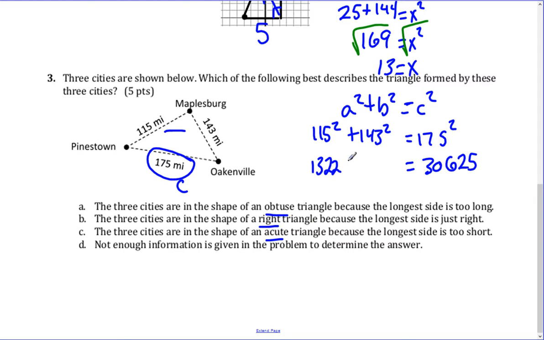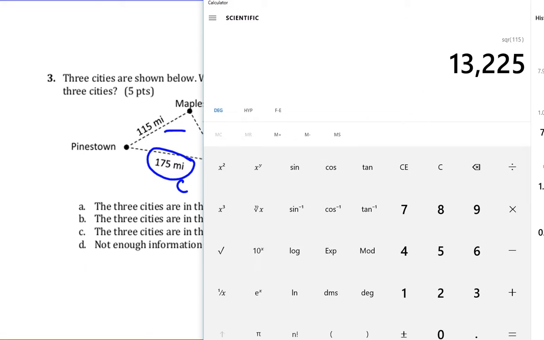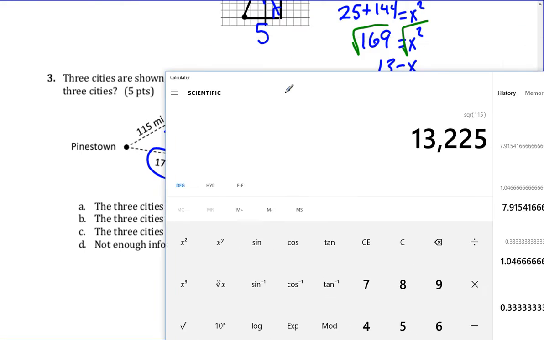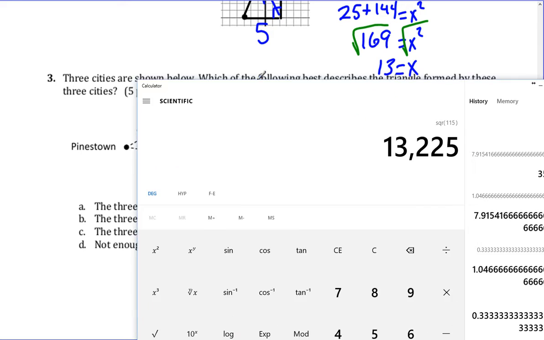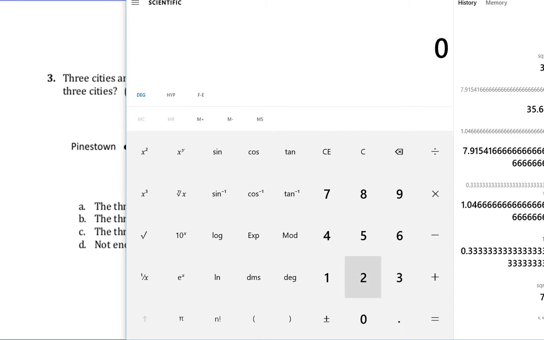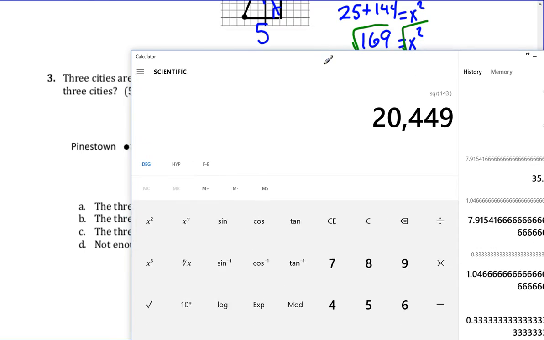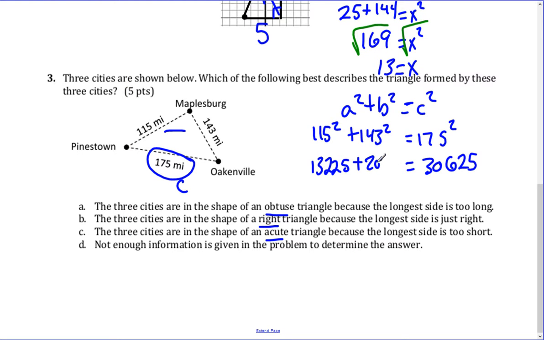That was 115 squared, right? Yeah, okay. And then the other one is 143 squared, which is 20,449. Okay. Whew. You guys could have done that much easier in your calculator. You can actually just type that thing in and it will do the math for you.